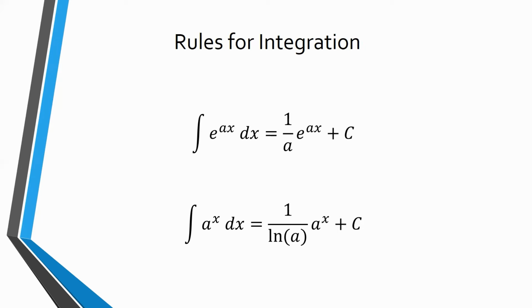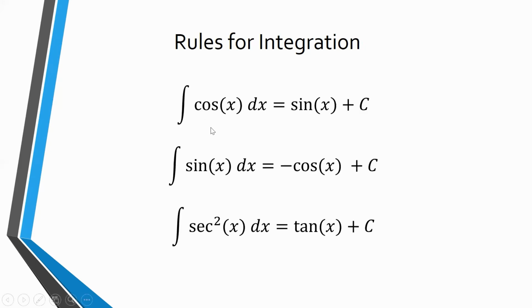Again, this is simply reversing the derivative rule. So dividing by natural log of a when I integrate and find the indefinite integral. Obviously, the plus c is tacked on at the end.